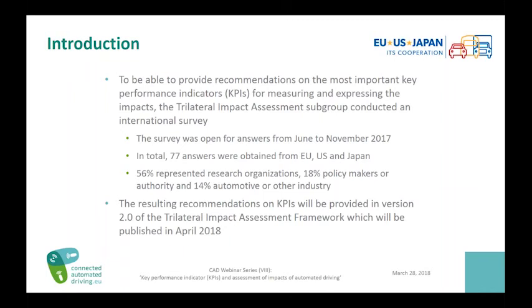So we decided to make a survey and collect feedback and views on which are the most important ones for different areas. Last year in springtime, we designed this survey, and it was open from June to November. In total, we got 77 answers covering the EU, US, and Japan. Approximately half of the respondents represented different research organizations, but we also got policymakers, authorities, and industry members providing their views.